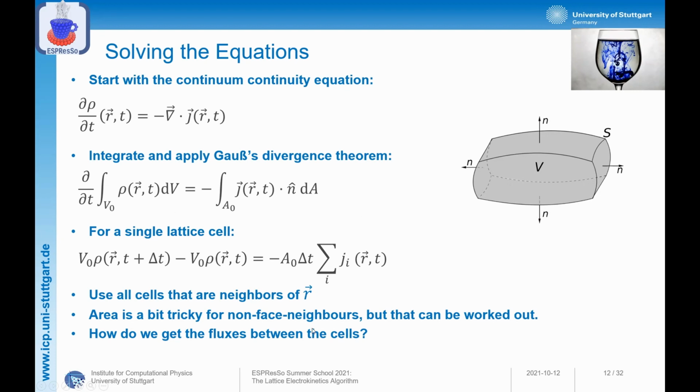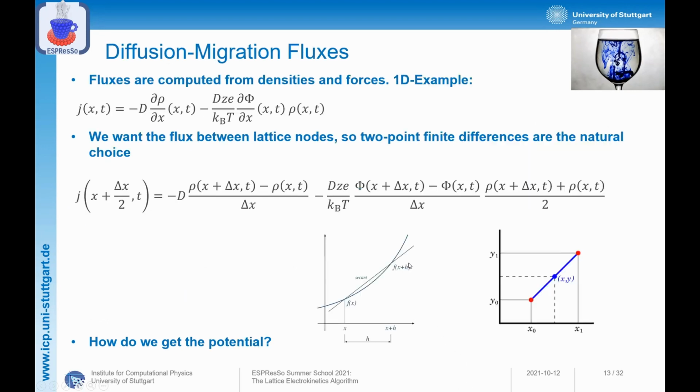Then the definition of that area is a bit tricky, but it can be worked out. And this formula in general is also applicable if you have non-face neighbors. Okay, so we have this. If we have all the fluxes, then we can update our densities. How do we get the fluxes? So the first thing we're going to look at is the fluxes that come from diffusion and the ones that come from the forces.